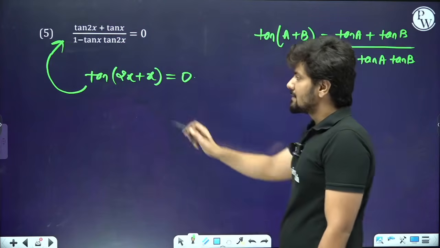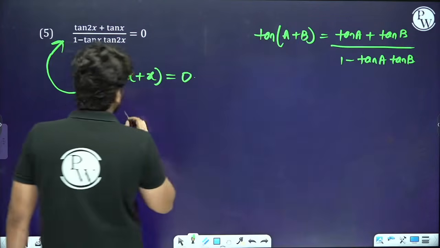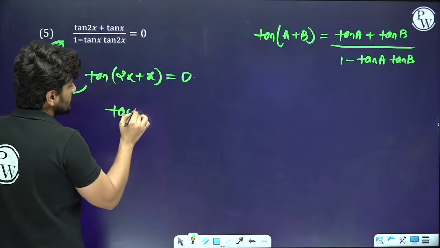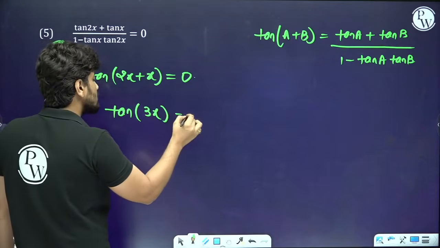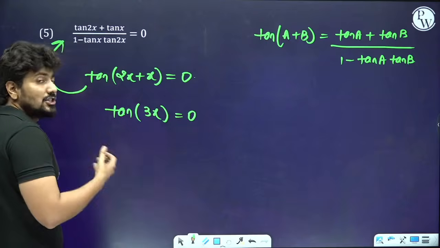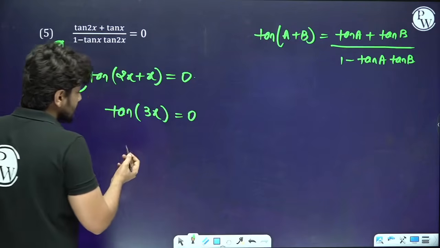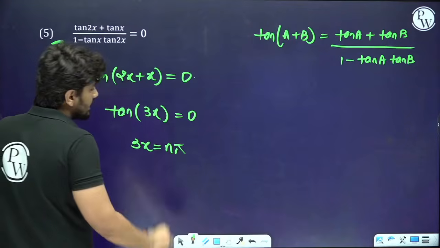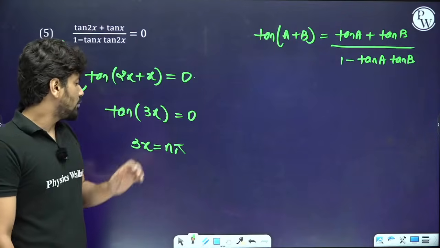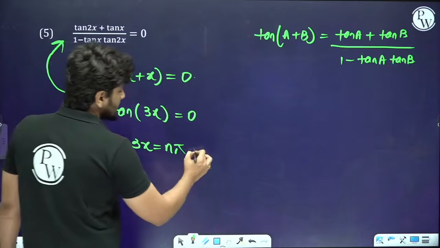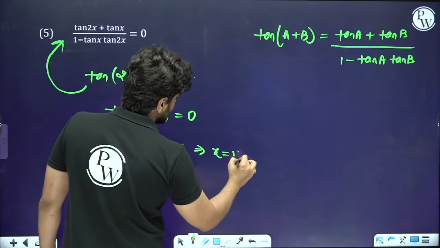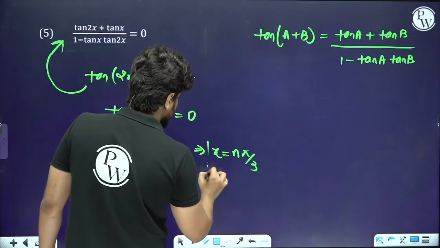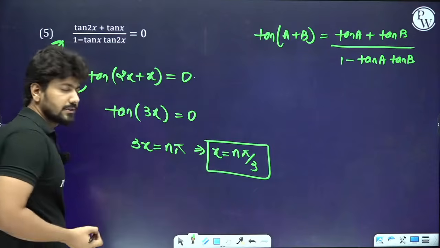Basically, this is tan of 3x is equal to 0, right? 2x plus x will be 3x. So tan of 3x is equal to 0. Now we can easily write its general solution. Here 3x will be equal to an integral multiple of pi, because tan is 0 at integral multiples of pi. So x will be equal to n pi by 3. So this is the general solution.